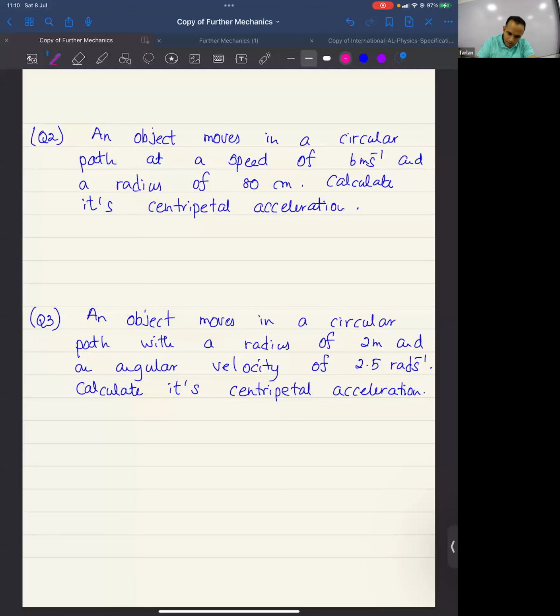Right, so guys, a equals once again v squared over r. V is 6 squared. The r is 80 centimeters, which is 0.8 meters. How much is that? 45 meters per second squared.